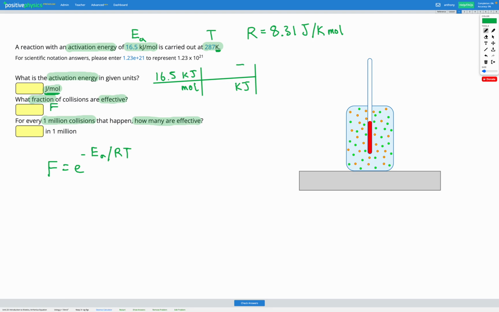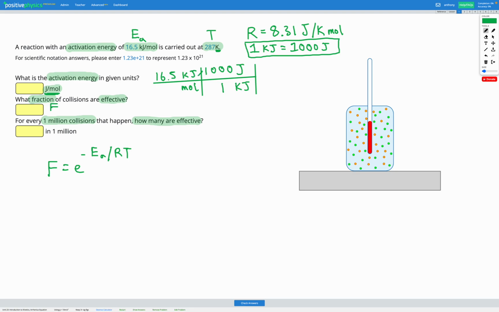And then I want joules on the top. And to convert from kilojoules into joules, kilo means 1,000. So 1 kilojoule is equal to 1,000 joules. So that's my conversion factor that I'm using here.